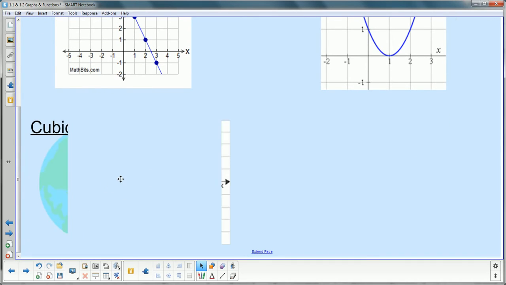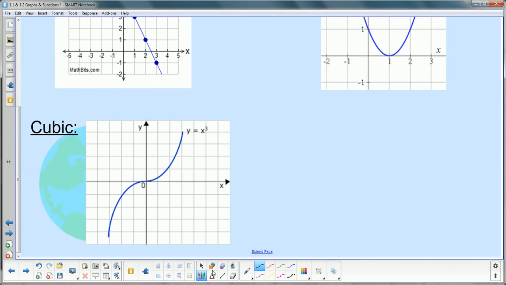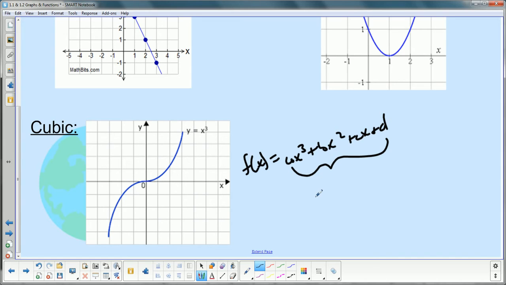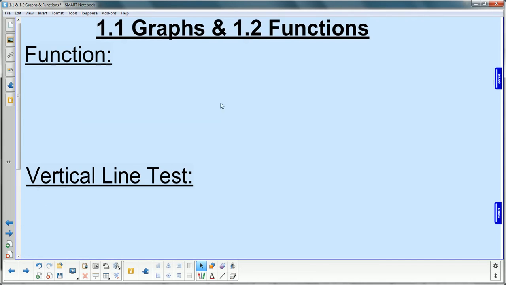Cubic then finally is going to kind of have a curve in it somewhere, and that is going to be of the form ax cubed plus bx squared plus cx plus d. Usually this is not the form that we're necessarily going to see it in, but what we need to recognize is that our highest degree here is a cube, which makes it a cubic, and it will have some sort of curve like this.